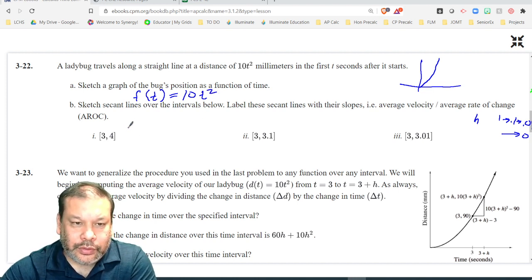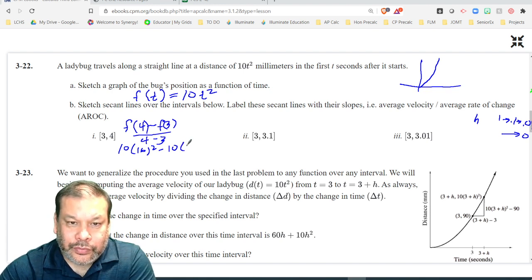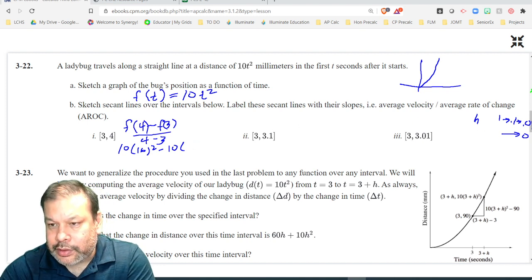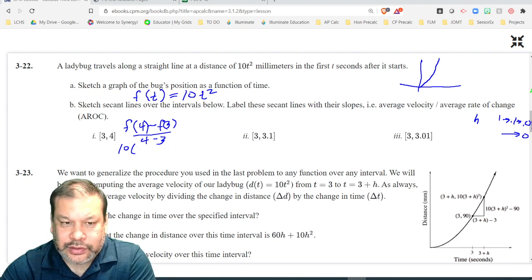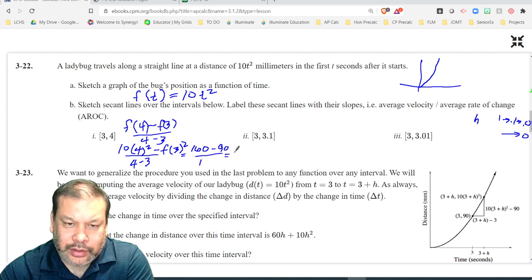So f of 4 minus f of 3 over 4 minus 3, and that's 10 times 4 squared minus 10 times 3 squared, over 4 minus 3, which is 10 times 16 is 160, minus 90, over 1, and it equals 70 millimeters per second.